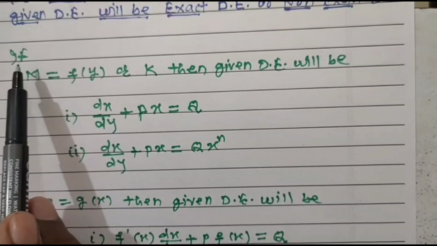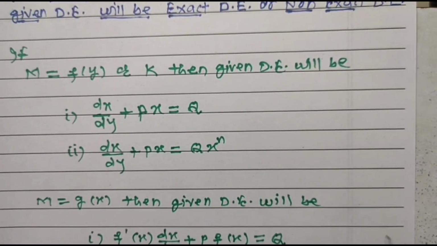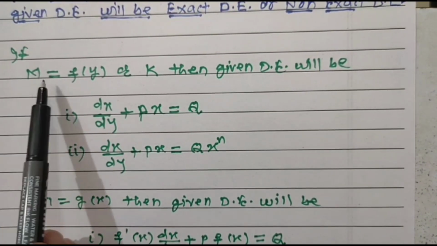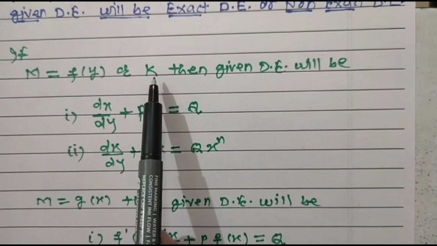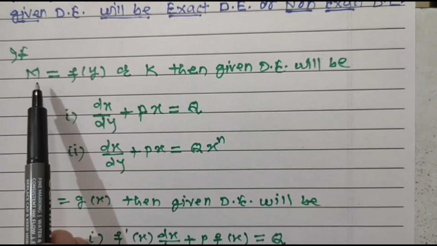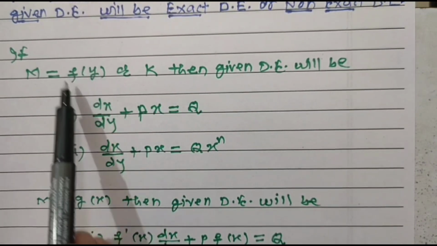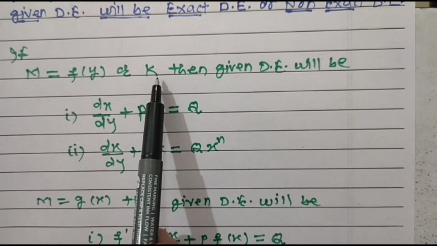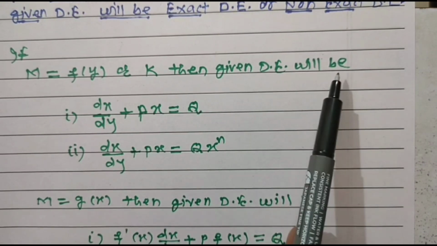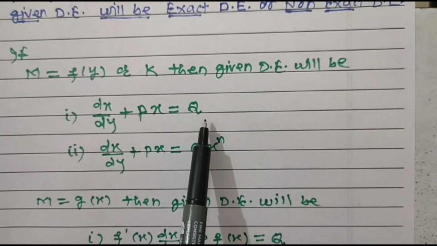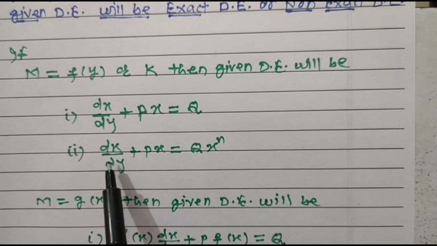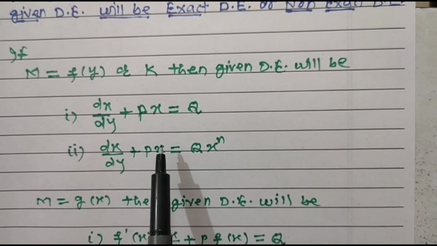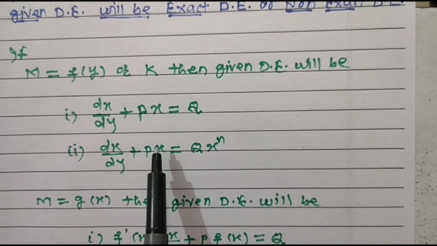Okay, if M is a function of y only or a constant k, M is what? Either purely a function of y only or constant k, then the given differential equation will be either in this form or in this form. These are some possibilities to understand the type of the given differential equation.